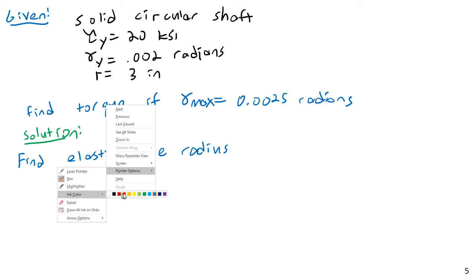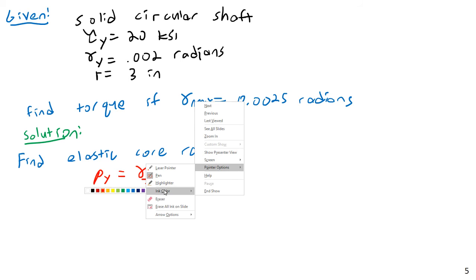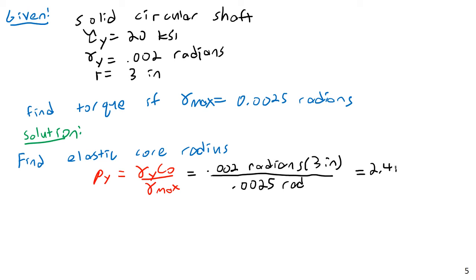So, solving that for rho y, rho y is equal to gamma y c_o over gamma max, equals 0.002 radians times 3 inches over 0.0025 radians, and this is going to equal 2.4 inches.